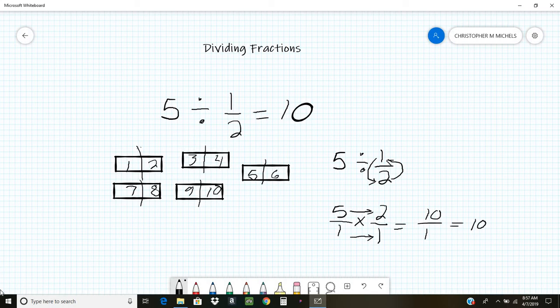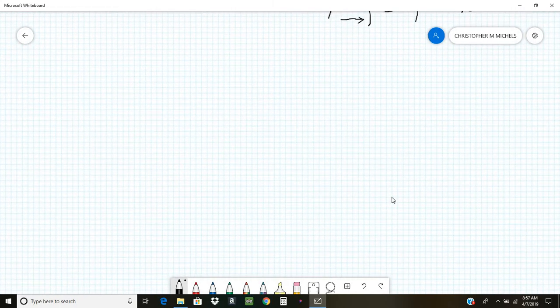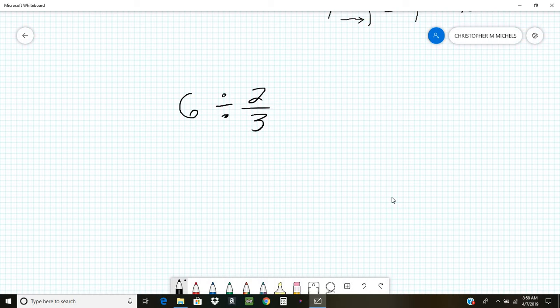Okay, let's look at another problem. If you compare and contrast this with the other problems we've done, it's really similar. Even if you have another whole number, let's do 6 divided by 2/3. Again, we're trying to figure out how many of these 2/3 are in 6.